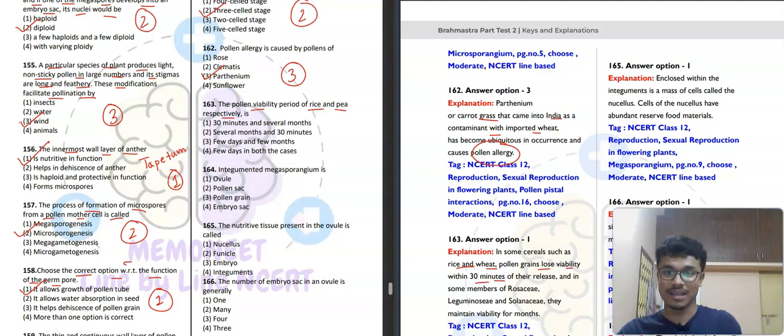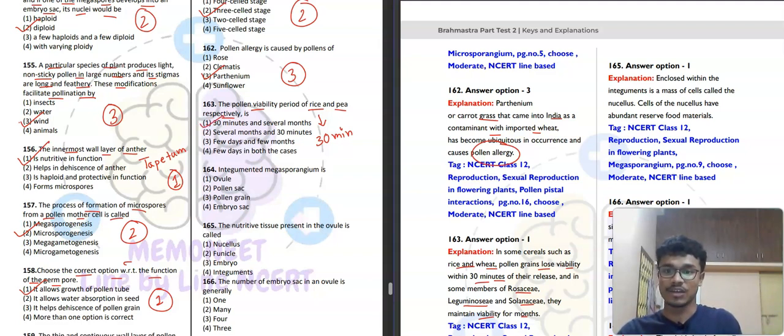So for rice it will be 30 minutes, and in some members of Rosaceae, Leguminaceae, Solanaceae, pea is a member of Leguminaceae. They maintain viability for months. That's why our correct answer for this question will be the first option.